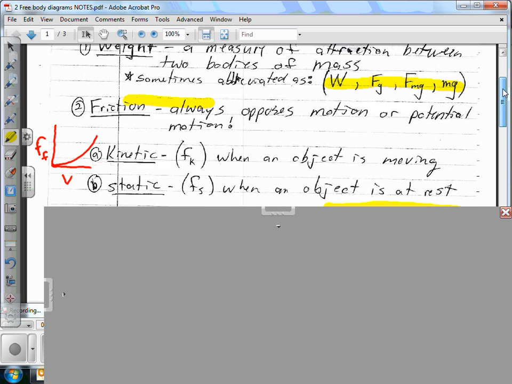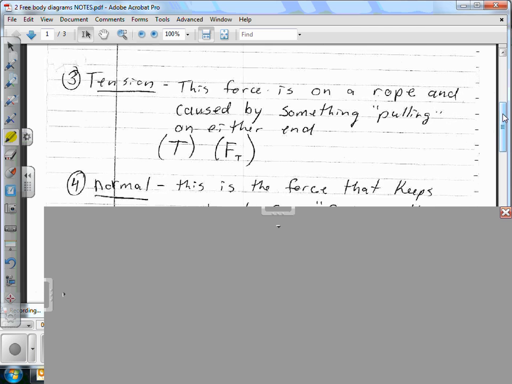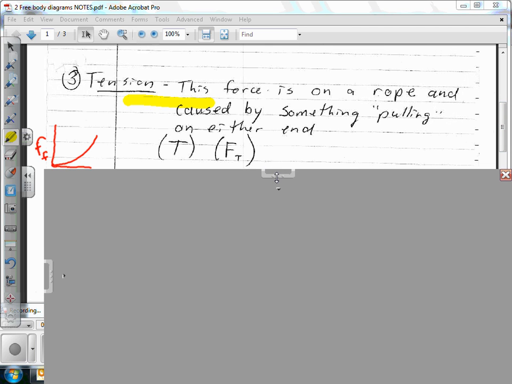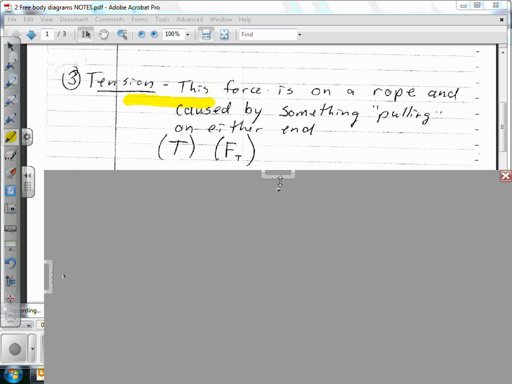And then we have tension, which was another one that we talked about yesterday. And what did we say about tension yesterday? We said tension is the force that is transferred through a rope or rod by something pulling on either end.